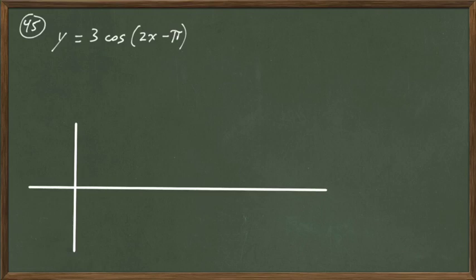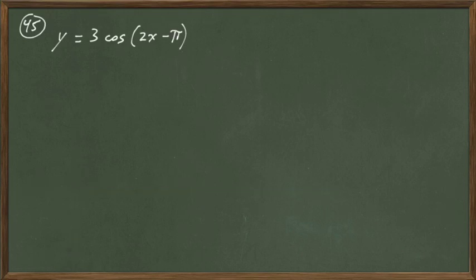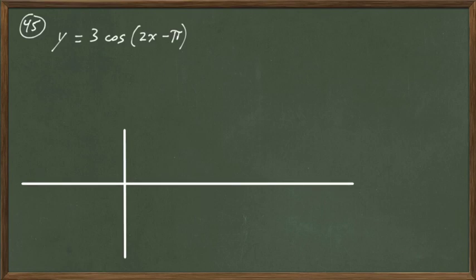Okay, we've done a few sines. Now let's do a cosine like number 45. Cosines do not start at the origin. Let me redo this a little bit just so I have a little room. Cosines start at the maximum. They come down and then back up. Do you agree that the amplitude is 3?